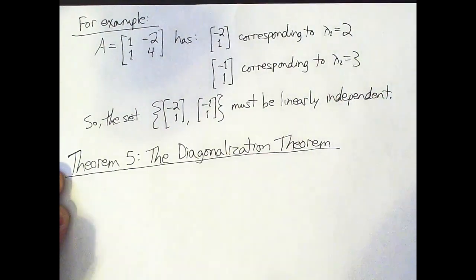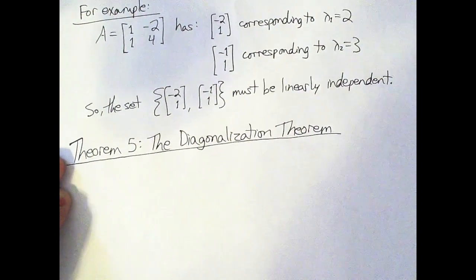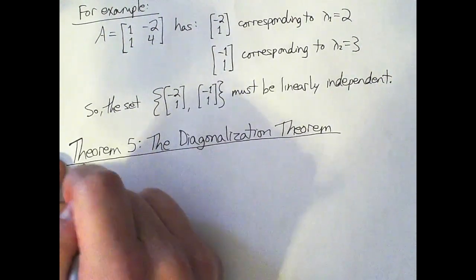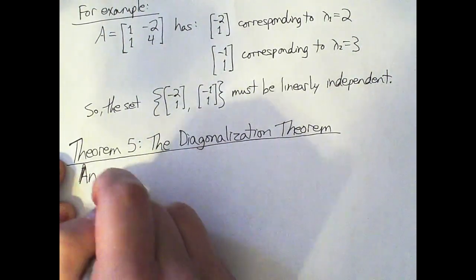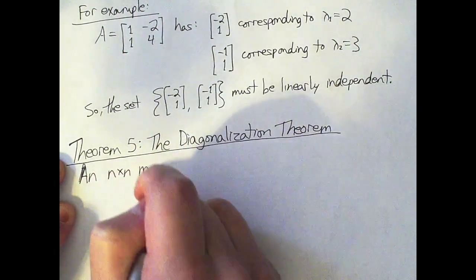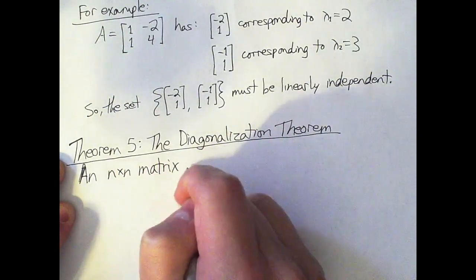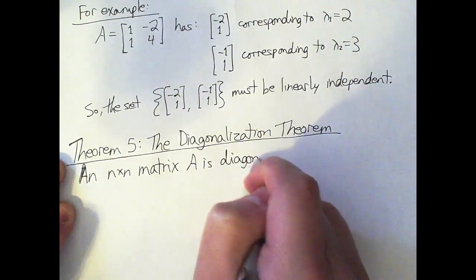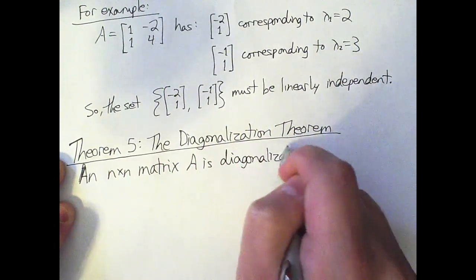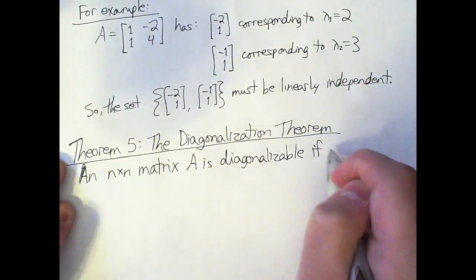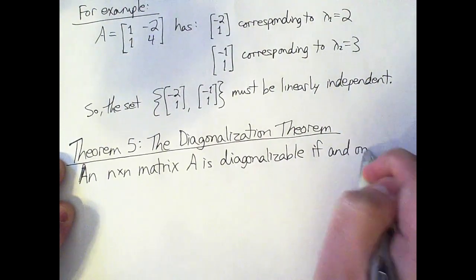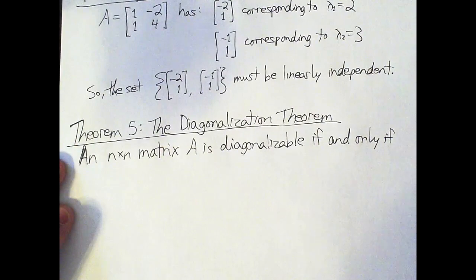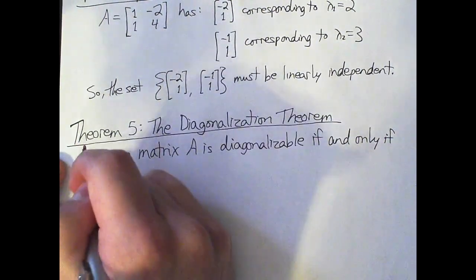And it's going to take us a little while to write this. It says an n by n matrix A is diagonalizable if and only if, it seems good already, right? Doesn't this seem like a good theorem already?